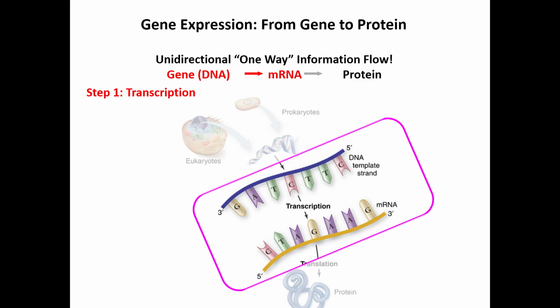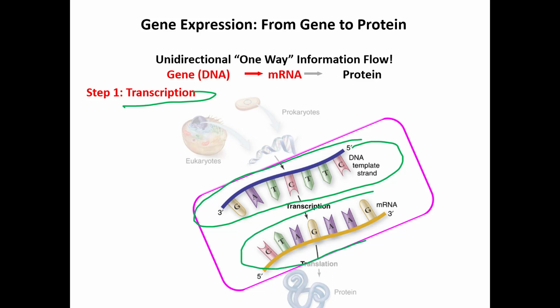So the first step that happens during gene expression, the way from gene to protein, is what we refer to as transcription. During transcription we use the template strand of the DNA double strand molecule to produce a complementary copy of mRNA.